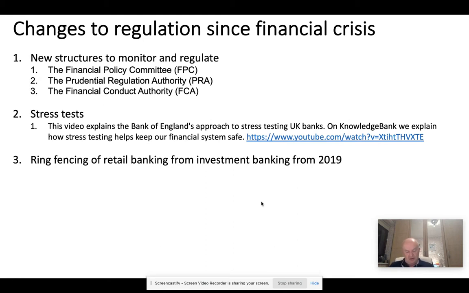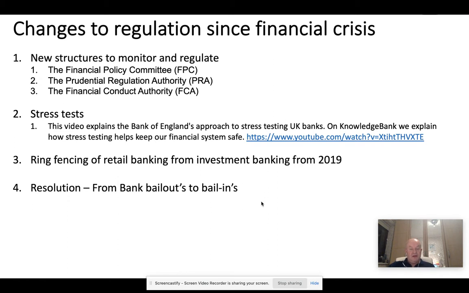The Bank of England decided that it was a good idea to ring-fence retail banking away from the investment banking arms of organisations from 2019, so that effectively retail banking won't be adversely affected by the more risky investment banking that goes on, and obviously that hopefully will maintain the integrity of the retail banking system. And so if something of this nature happened again, you wouldn't have the same sort of problems that we faced during the 2008-2009 crisis.